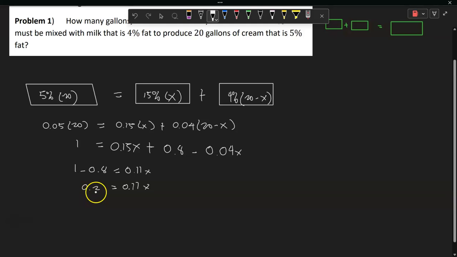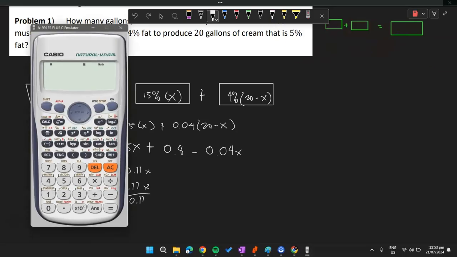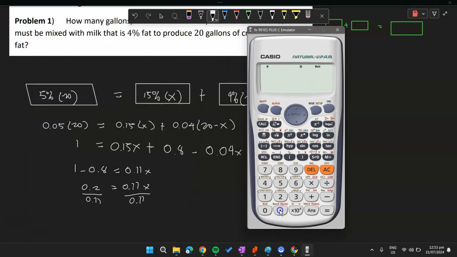Then divide everything by 0.11. We will get 0.2 divided by 0.11, so more or less we are getting 1.81.